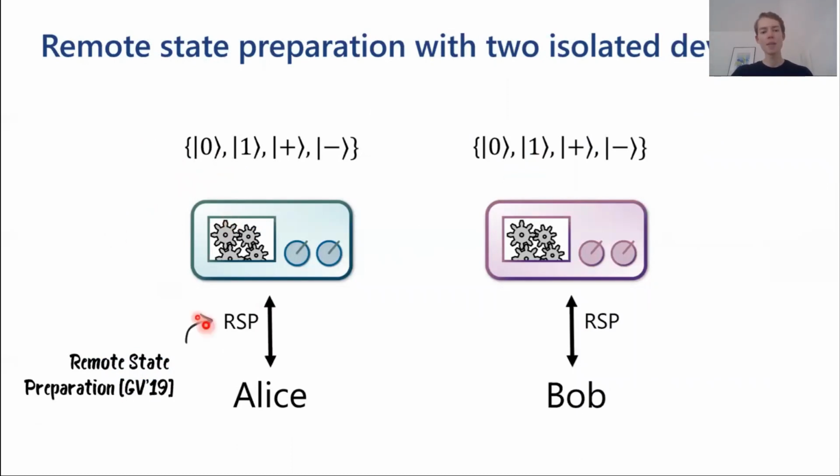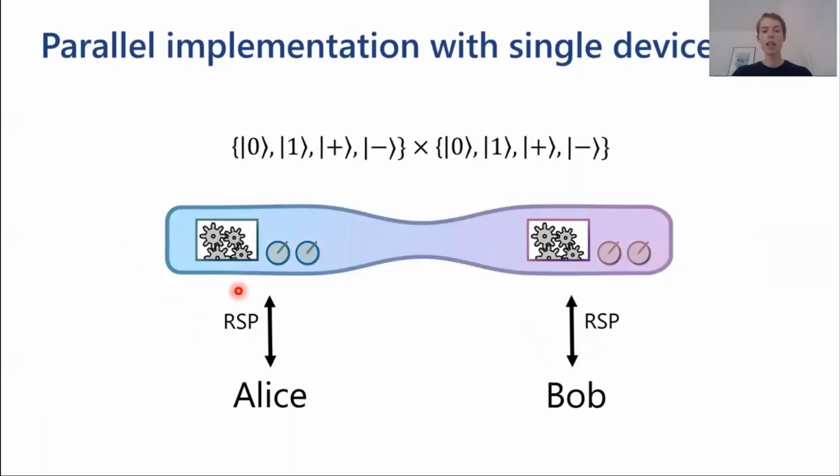And it says that if Alice and Bob still run 1 copy of the RSP protocol, but now on 2 terminals on 1 such big connected device, then essentially any device that succeeds in these 2 protocols must treat the 2 RSP protocols independently, in the sense that it still must prepare 2 qubits, 1 corresponding to Alice's RSP protocol and 1 corresponding to Bob's.